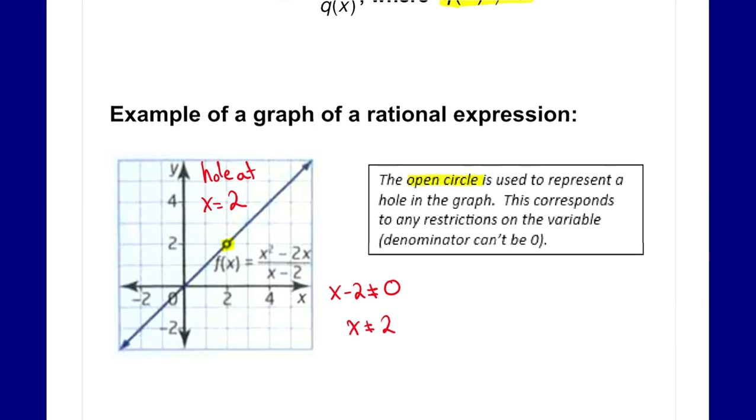So the open circle represents a hole in the graph, and this basically refers to a restriction. So basically it means that this graph does not exist at x equals 2. And with rational expressions, looking for restrictions is something we're going to have to be mindful of. We need to be aware of where this function or this expression does not exist.